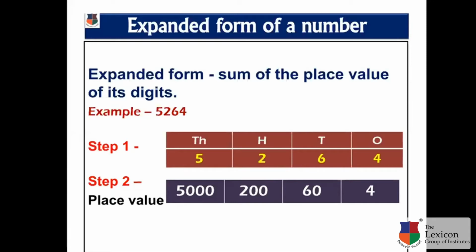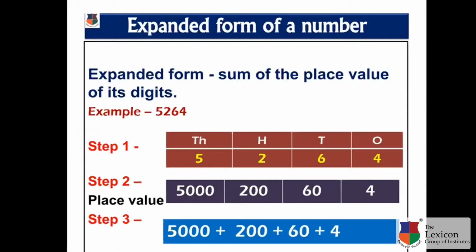So what is the place value? 4 multiplied by 1 is equal to 4. So now you have to write the sum of its place values. So step 3: expanded form of 5264 is 5000 plus 200 plus 60 plus 4.